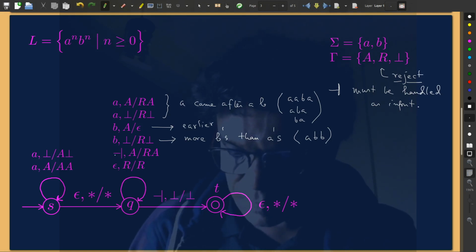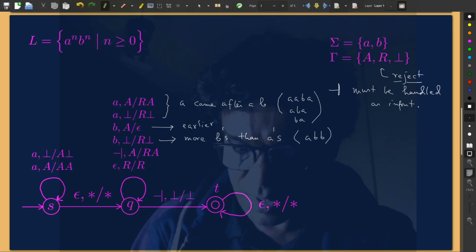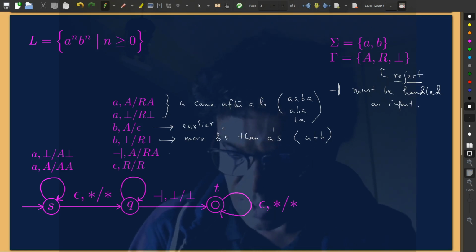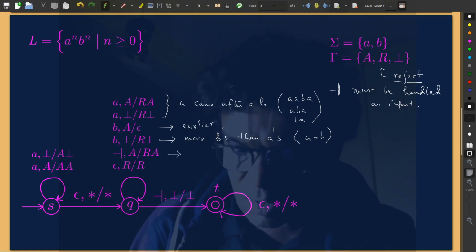Otherwise, the bottom marker is not exposed and there are some surplus A's still left. So it's syntactically valid, of the form A star B star, but there are more A's than B's. In that case also, the end of input is reached, but there are still some surplus A's in the stack.